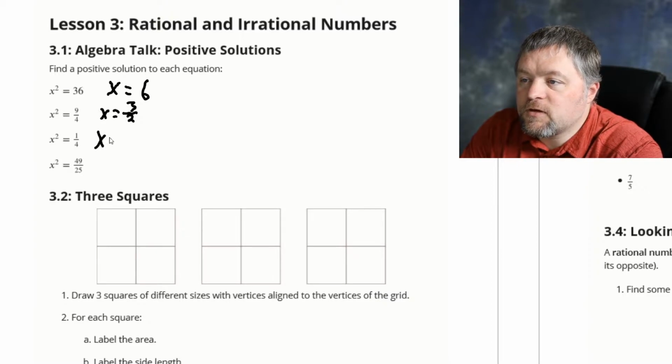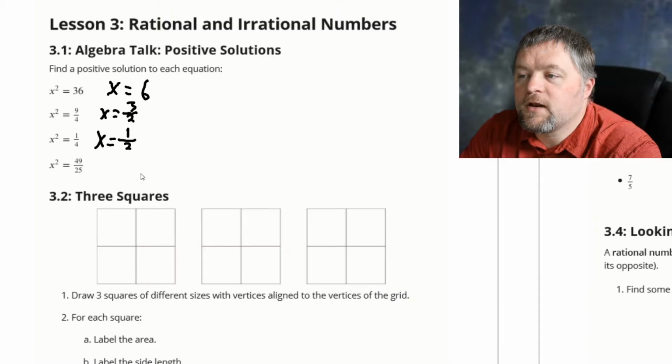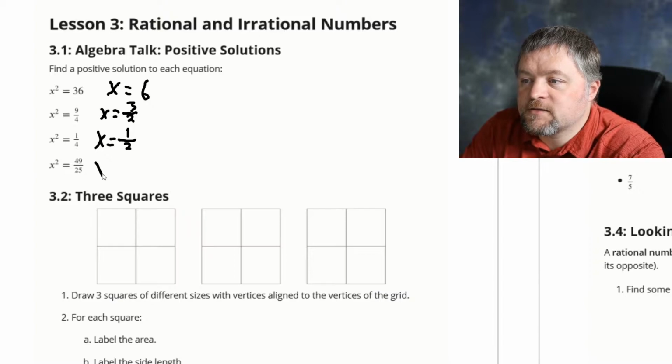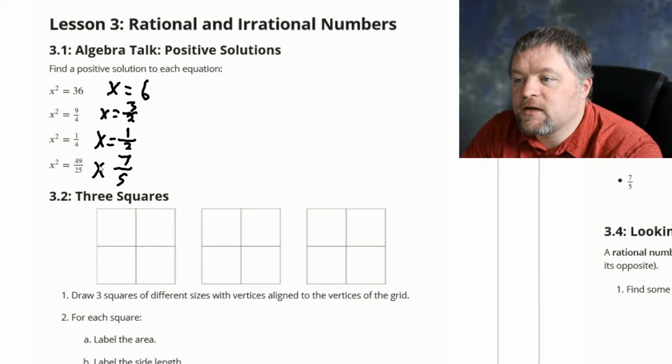For this one, it will have to be 1/2. The square root of 1 is 1, the square root of 4 is 2. If x squared equals 49/25, x will have to equal 7/5. The square root of 49 is 7. The square root of 25 is 5.